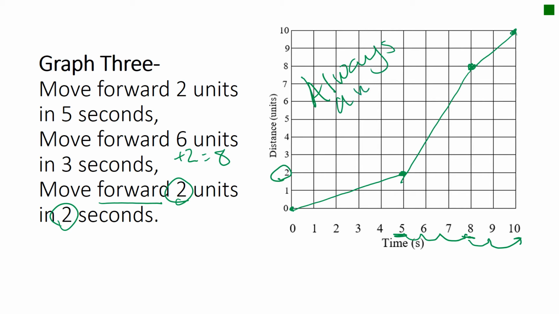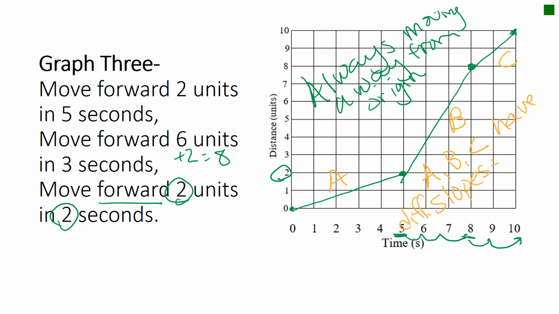And what I also want you to understand is that your slope is constantly changing between A, B, and C. That means your speed is changing between A, B, and C. So A, B, and C have different slopes, which means they have different speeds.